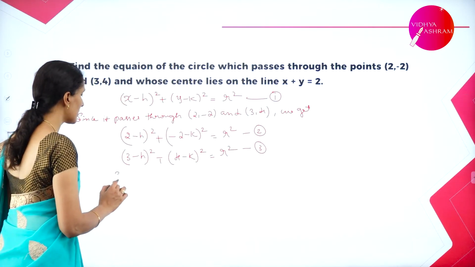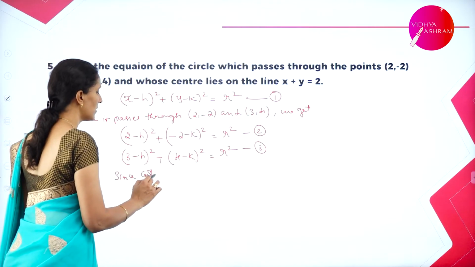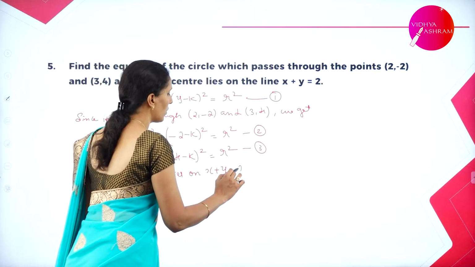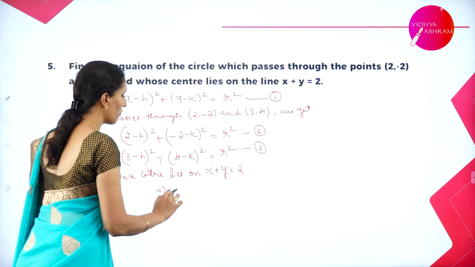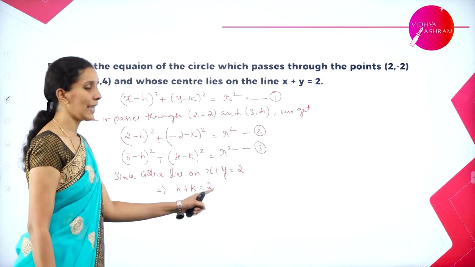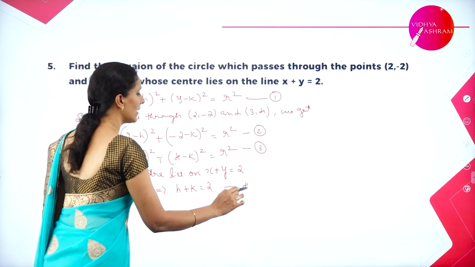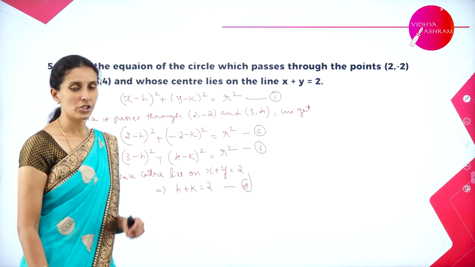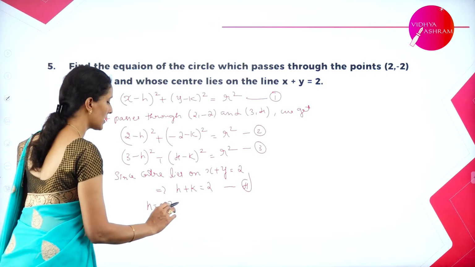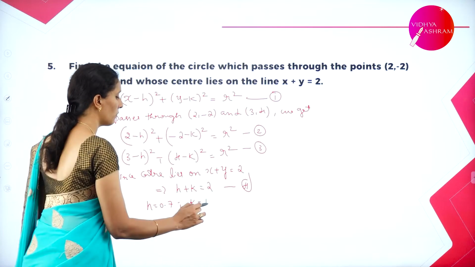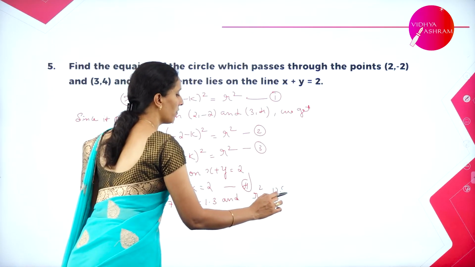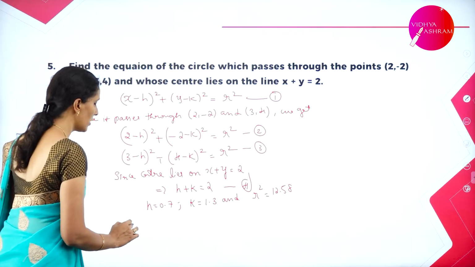That means since the center lies on x + y = 2, this implies h + k = 2. So solving all these equations 2, 3, 4 simultaneously, we get h = 0.7, k = 1.3 and r² = 12.58.